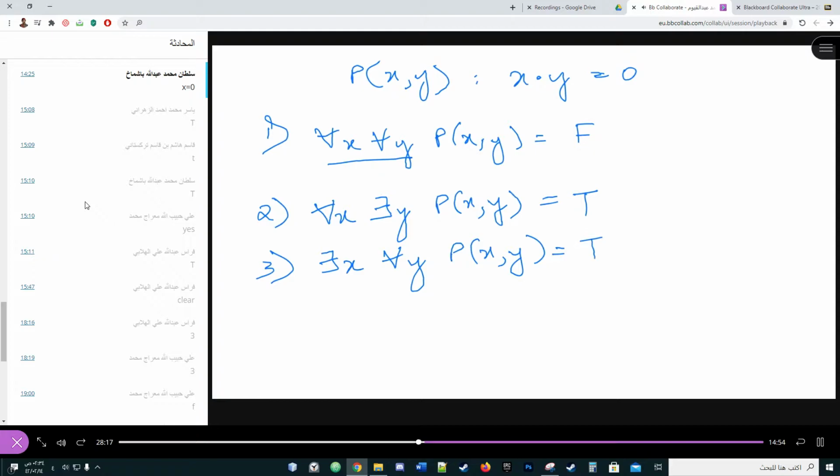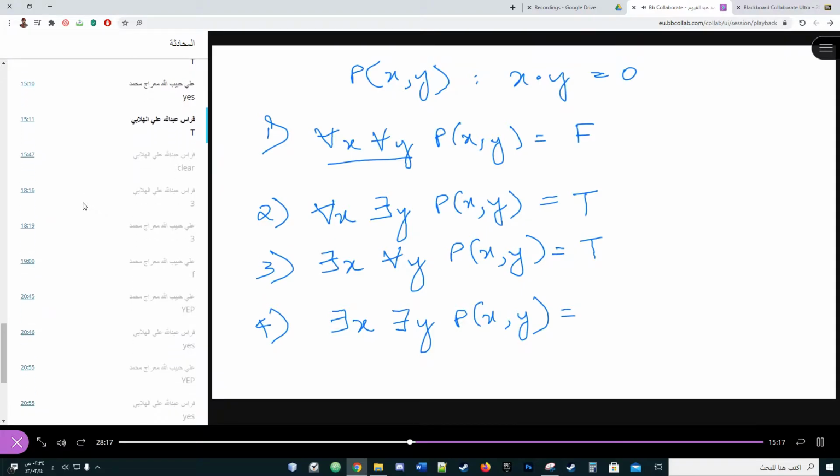Okay, one more. For some x, there is some y for which this is true. Is this true or false? For some x, there is some y. Very good. This is also true. Why? Because for some x, it could be 0.